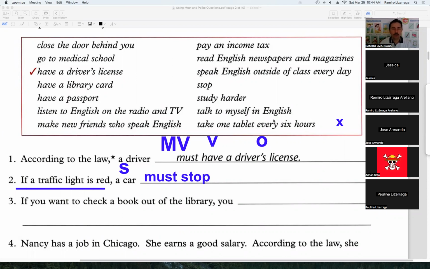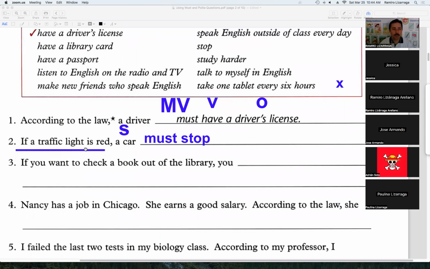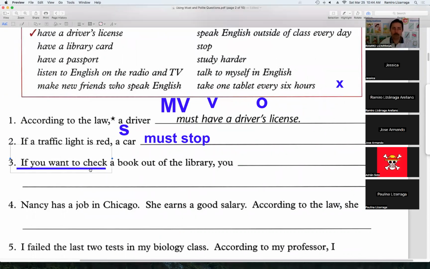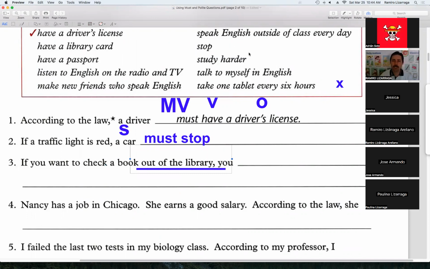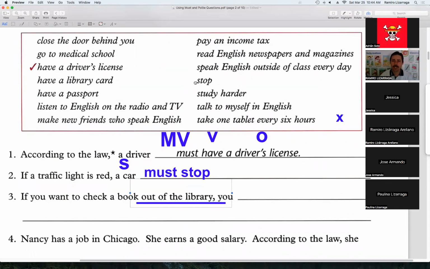Okay, guys, so let's read the third sentence. What if you want to check a book out of the library? What do you have to do in this case? What do you need? You must what?